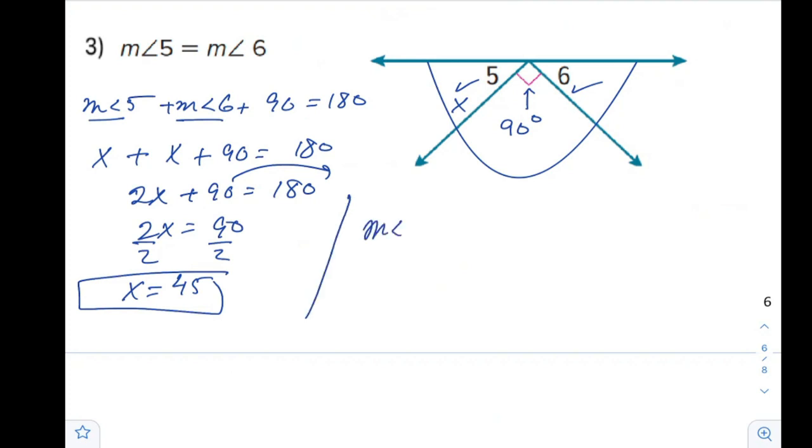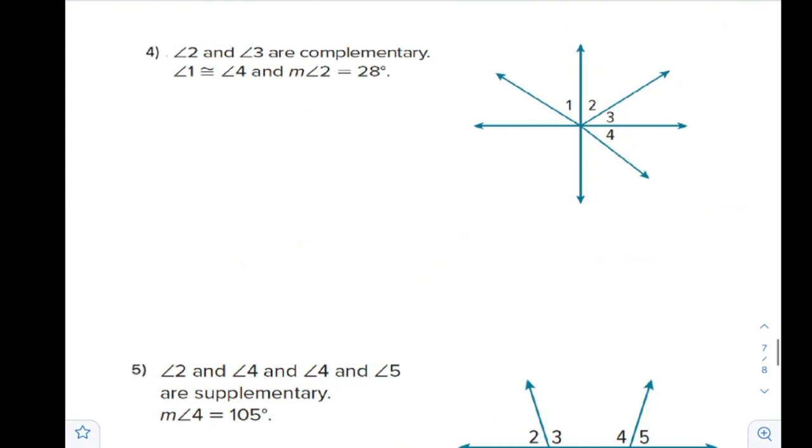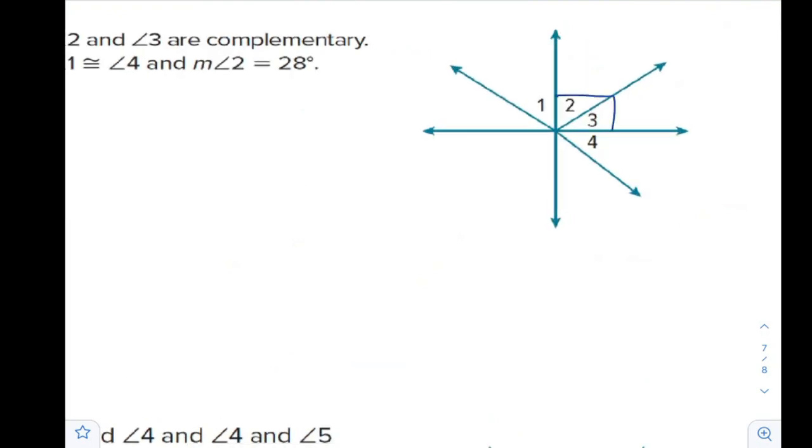So the measure of angle 5 is 45, and the measure of angle 6 will also be 45 degrees. Make sense? Let's check. If this is 45, this is 45, so the total is 90, plus the other 90 is 180, which is the straight angle. Yes, sure. Here, the measures of angles 2 and 3 are complementary, so they are forming a right angle.